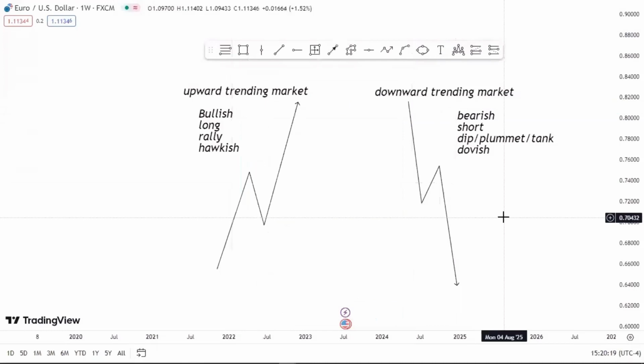So let's look at this word secondly. Now, the first word is the word bullish. So when the market is going up, that's when it's an upward trending market, we say it's a bullish market.